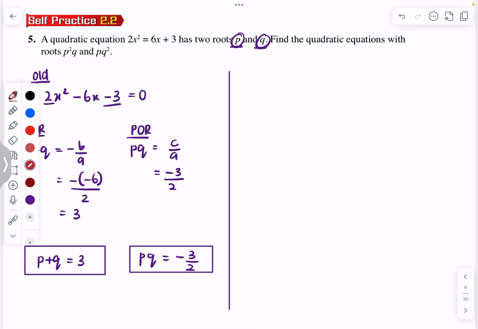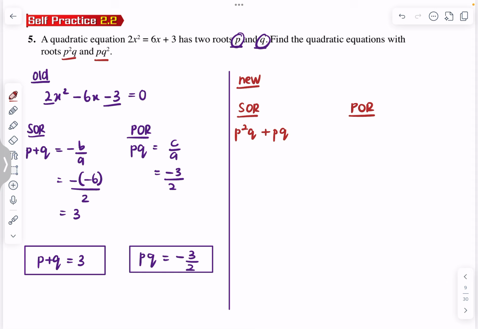Now let's look at the new equation. So let's find our new sum of roots and product of roots. So these are our roots. So the sum of roots will be p squared q plus pq squared. So we can try to factor this out. We can factorize pq.